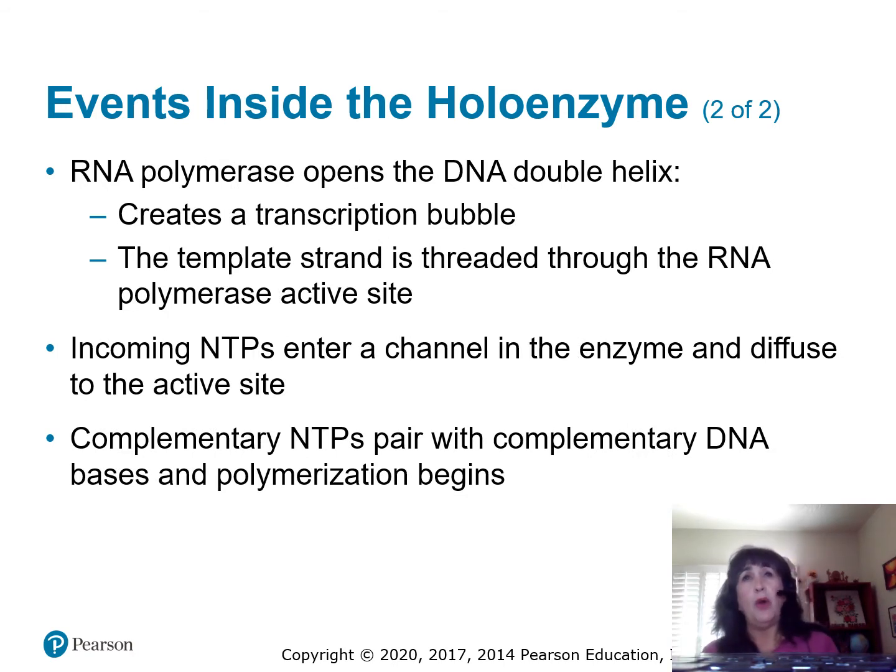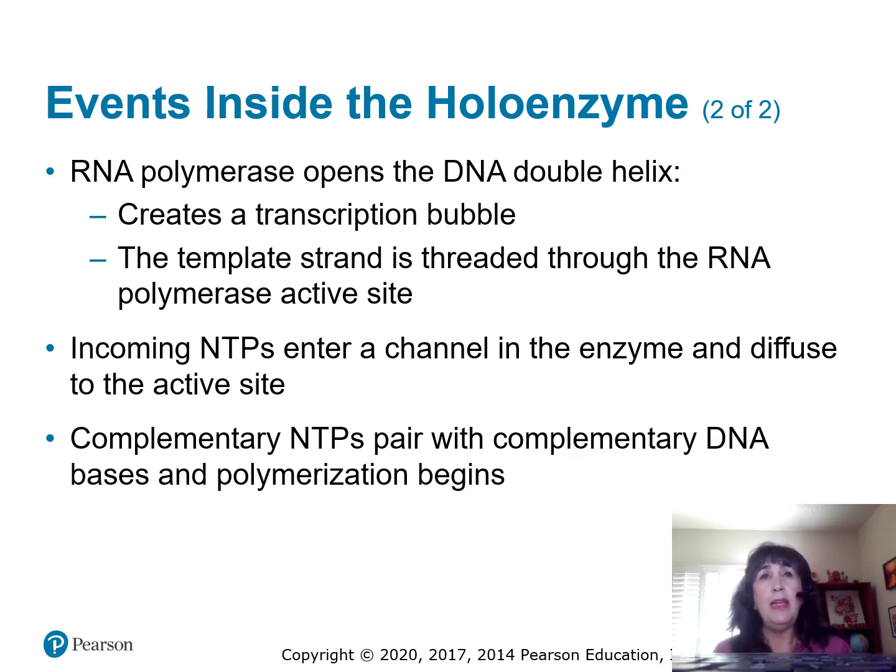RNA polymerase opens the DNA double helix. It creates a bubble, and instead of calling it a replication bubble, because we're going from DNA to messenger RNA, we will call it a transcription bubble. So RNA polymerase creates this transcription bubble, and now RNA is going to be actively synthesized.